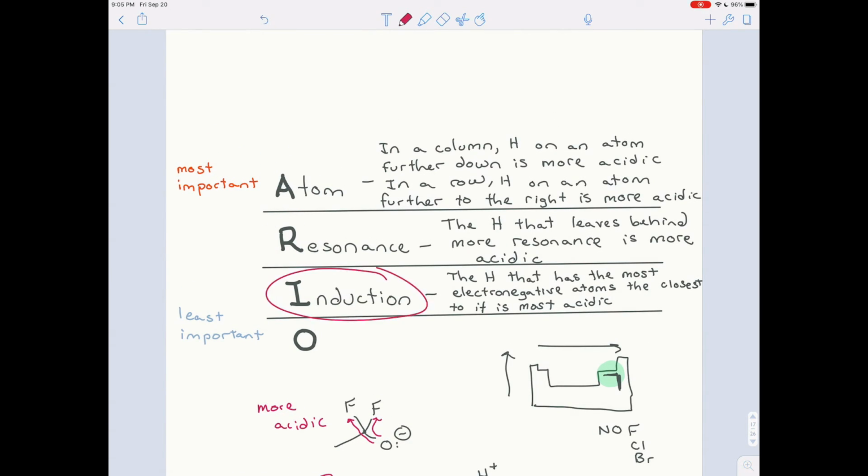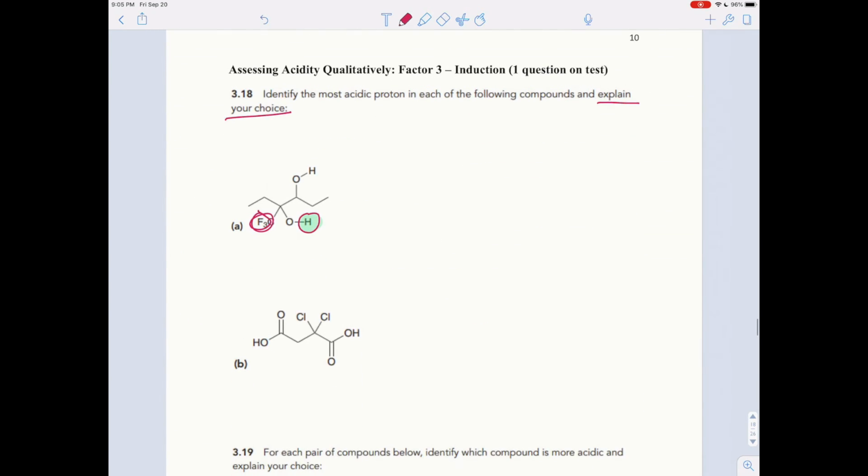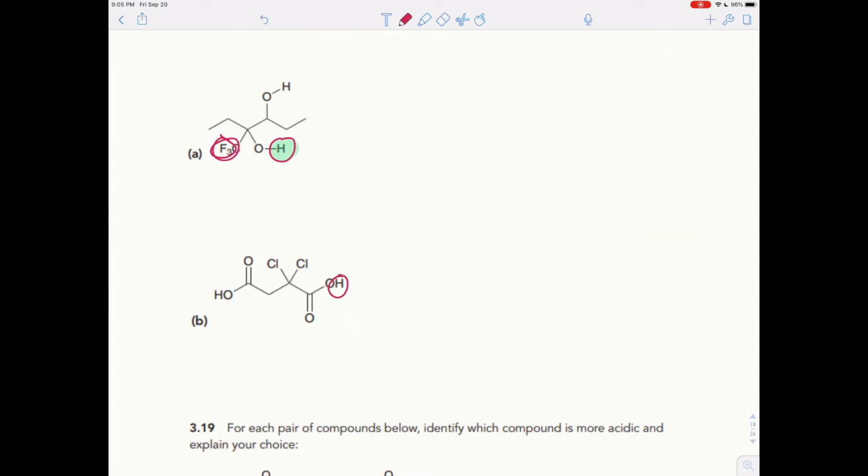What's different about them is the amount of induction. One of them has more electronegative atoms nearby. And that is the hydrogen on the right. This has 2 chlorines. The negative charge would be on the oxygen, only 2 atoms away. Whereas the hydrogen on the left, if this were to leave, it would leave behind a lone pair with a negative charge here.